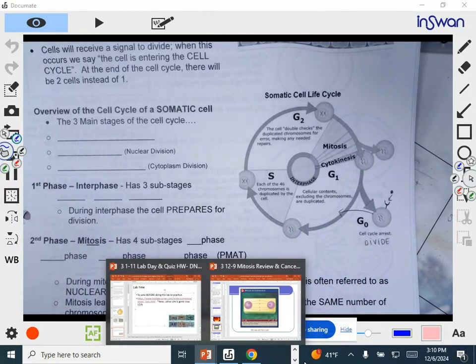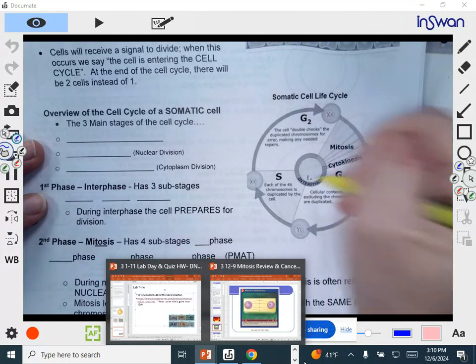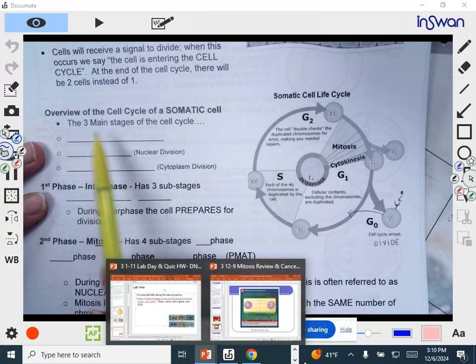And there's 3 main phases in the cell cycle. The first one is listed for you right here, which is interphase. I know this isn't color-coded, but interphase is all of G1, S, and what's called G2 phase. All right, so there's 3 main stages.